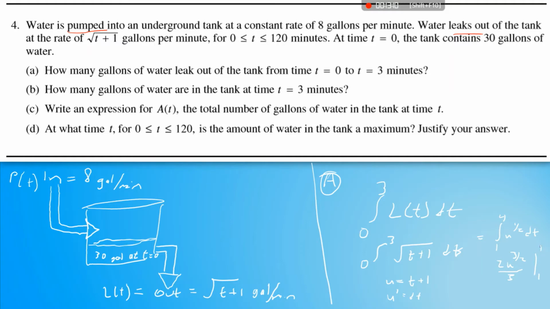And my bounds are 1 and 4. Okay, so then I can plug in my bounds. If I take the 3 over 2 power of 4, that over 2 is a square root. The square root of 4 is 2, raised to the 3rd power is 8. So that's 2 times 8 over 3 minus 1 cubed is 1. The square root of 1 is 1 times 2 over 3.